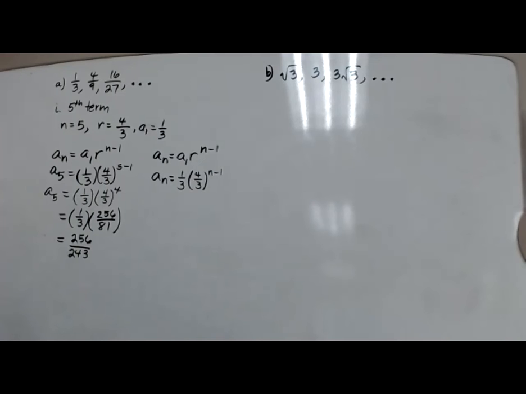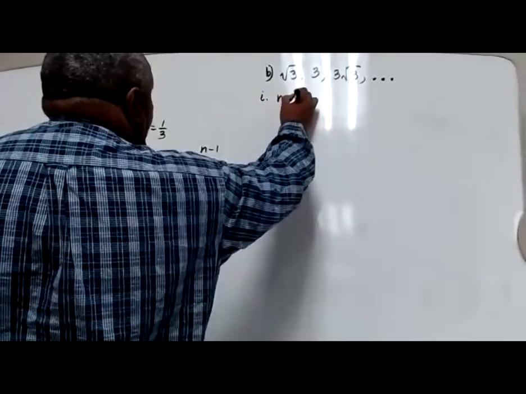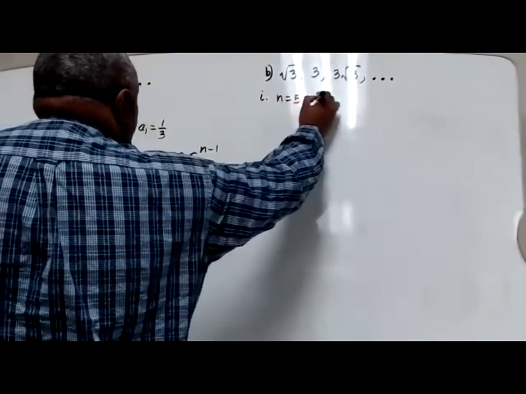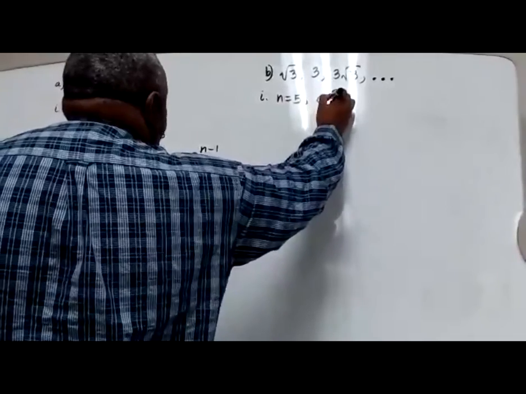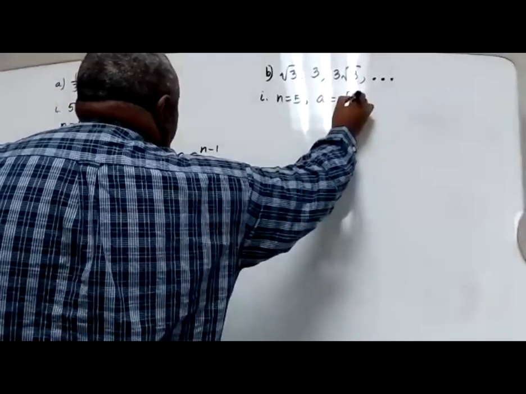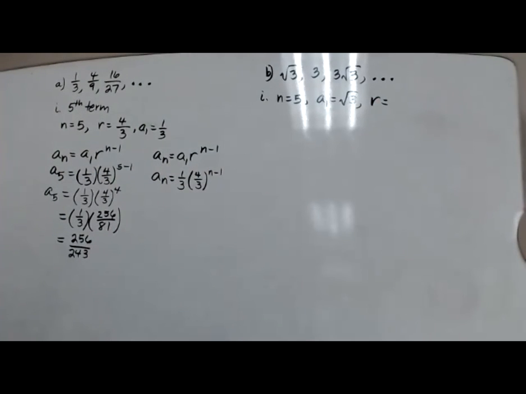Again, we're finding the fifth term of this sequence. A sub 1 would be the square root of 3. But who can tell me what the common ratio is? Any ideas?